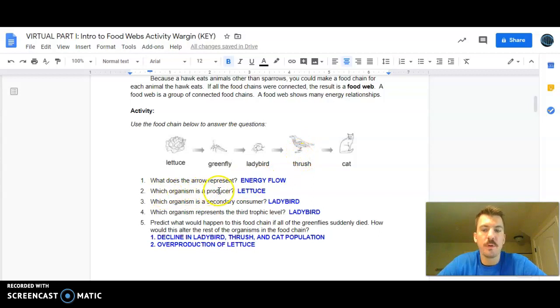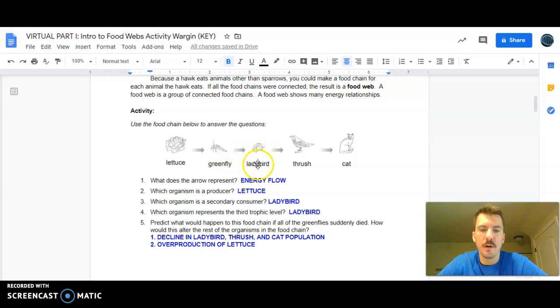Which organism is a producer? If you look at our definitions, a producer produces its own food, and that would be the lettuce, the plant. All of these other organisms are consumers. Which organism is a secondary consumer? We have to be careful about which consumer we're talking about. The green fly is a primary consumer.